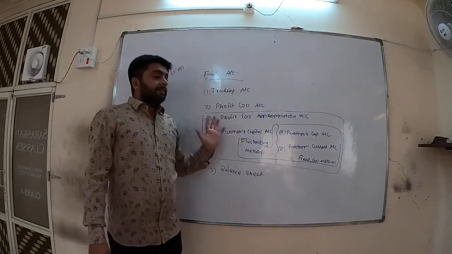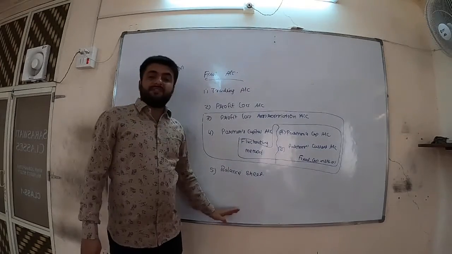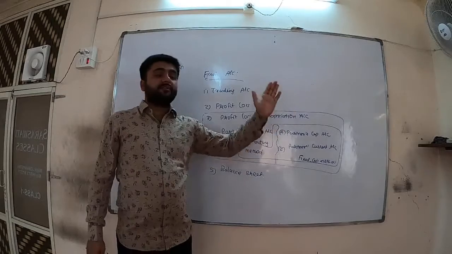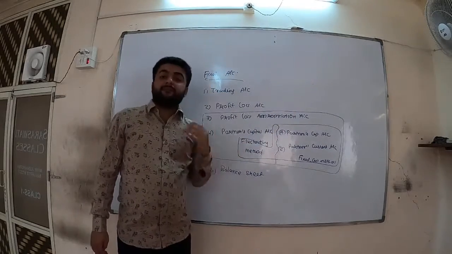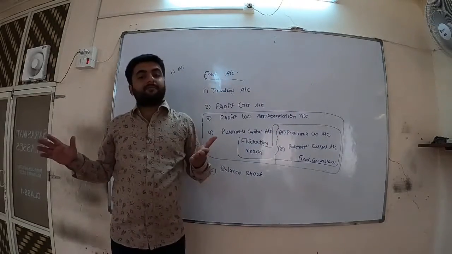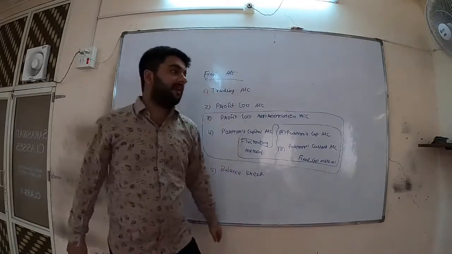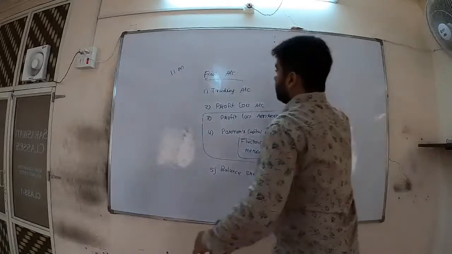Okay friends, so this was just an introduction. Now we are going to the types of sums. After completing the 11 types of sums, we will discuss these accounts. So everyone, now write the name of the chapter.